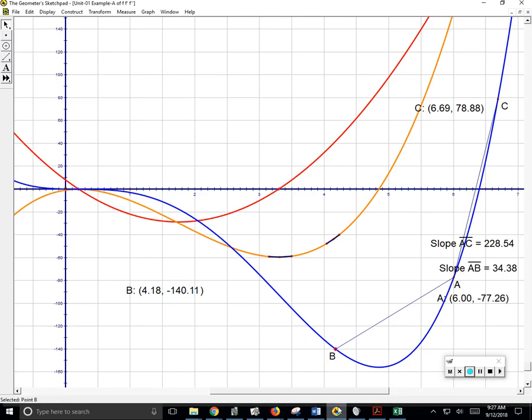I'd say, okay, look, here's my position. And so position is actually decreasing from time 0 until I get to about here. Questions? Okay, I believe last time we showed how to find the minimum point right here on your calculator.